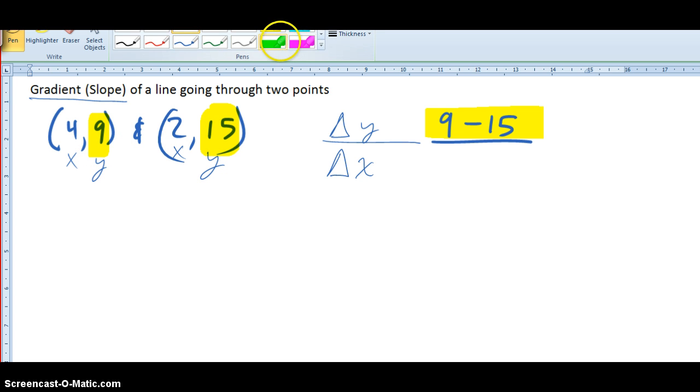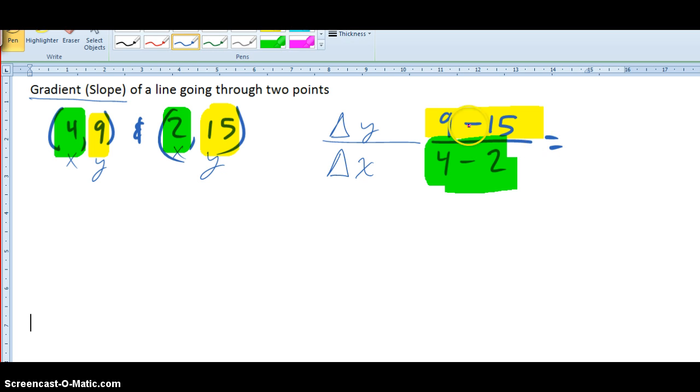And then we're going to find the change in x, the distance between 4 and 2. So if you look at it, 9 minus 15 is negative 6, 4 minus 2 is 2, so we have negative 3.